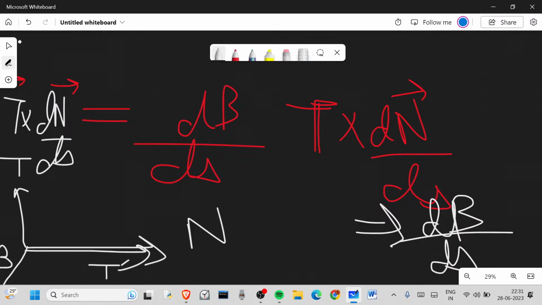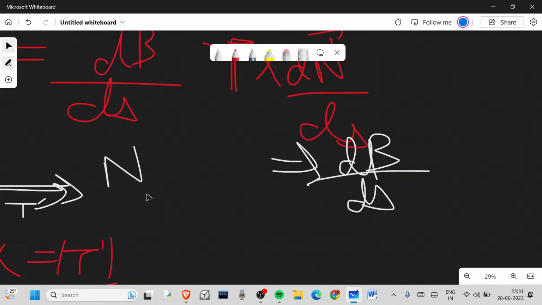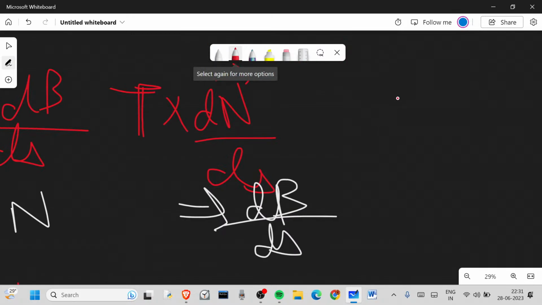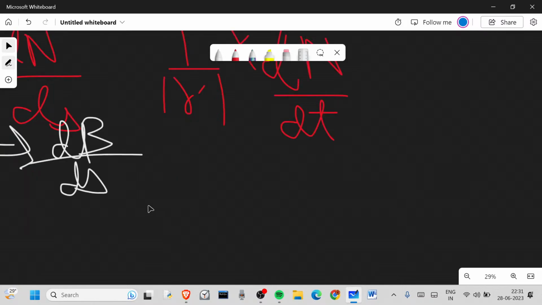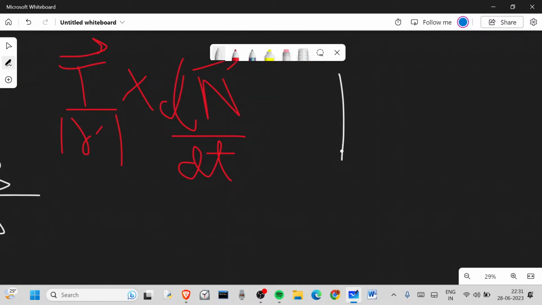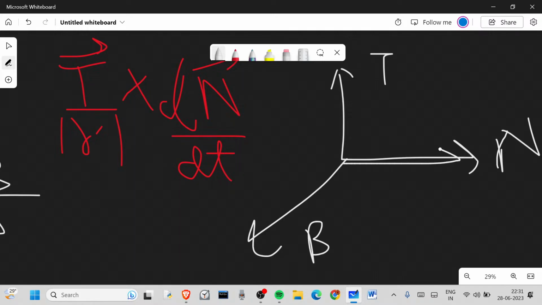Okay, so for dn by ds, I'm again doing the same thing, multiplying dt above and below, we get 1 by r dash times the t vector cross dn by dt vector precisely. Now if this is my t vector, this is my n vector and this is my b vector, then this is t dash.